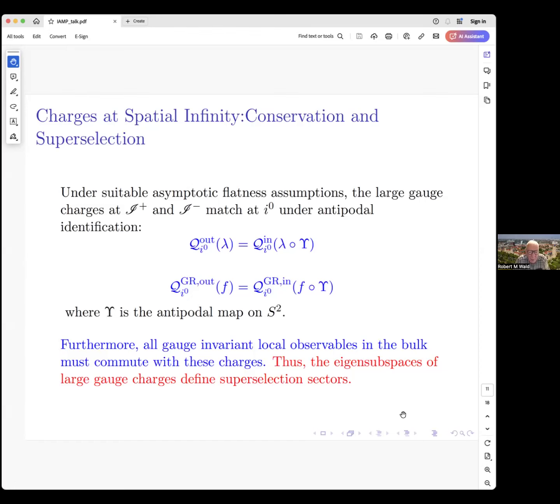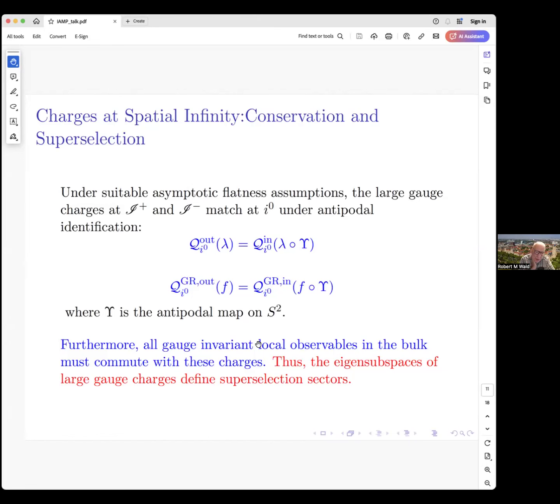But for what I'm going to talk about, the more important point is that the charge at spatial infinity, either in the electromagnetic or the gravitational case, in fact is an observable.